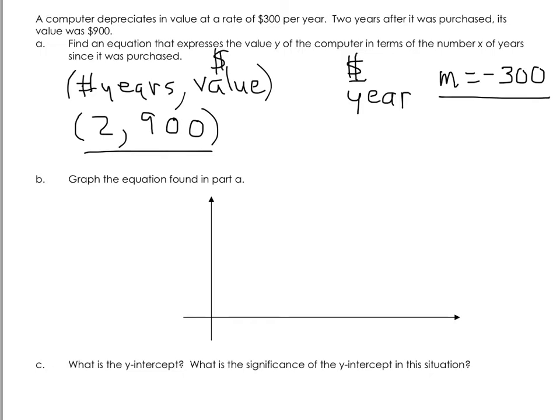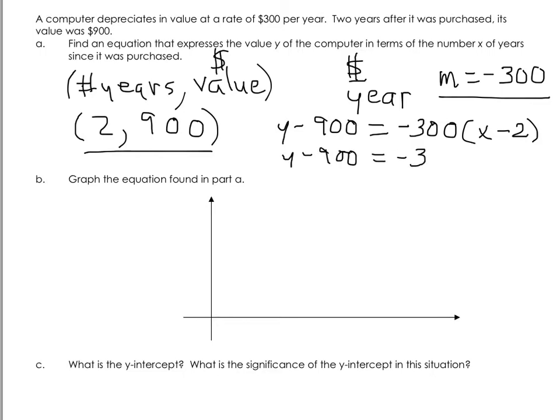We can use our point slope formula. So we have y minus 900 equals our slope, negative 300, times x minus 2. Y minus 900 equals negative 300x plus 600.